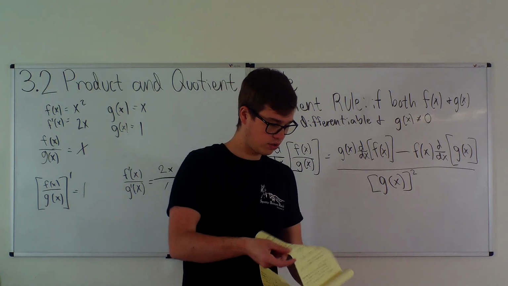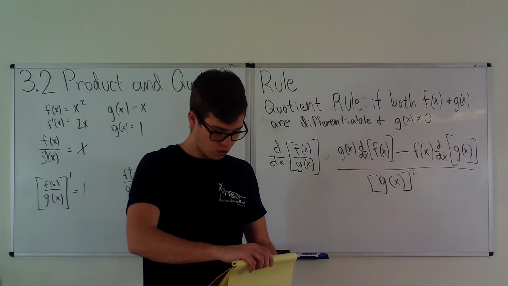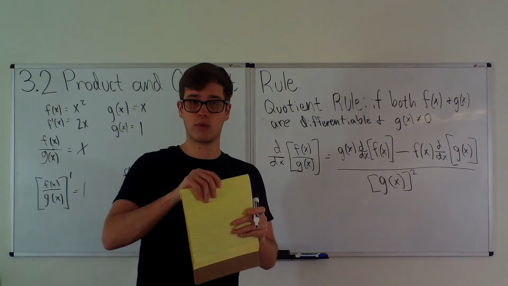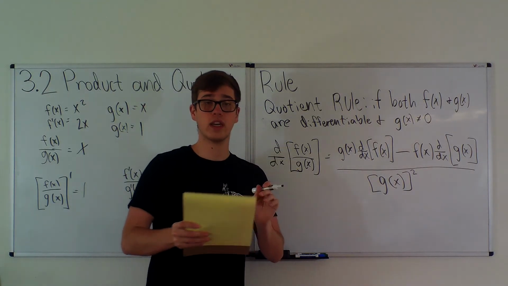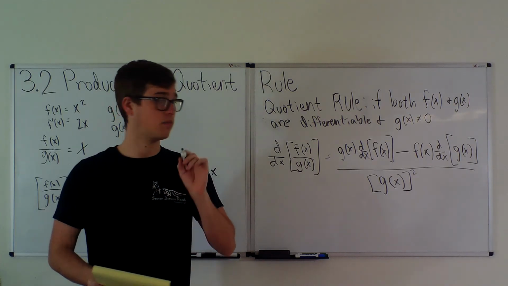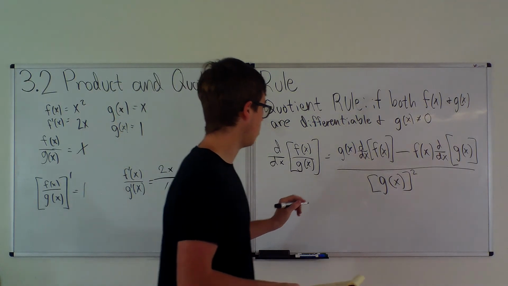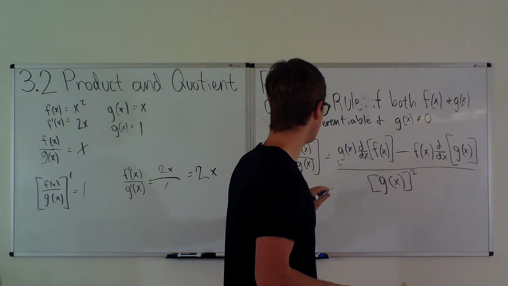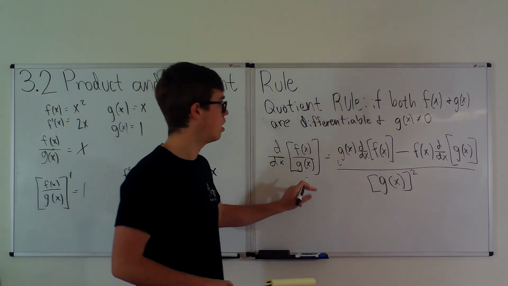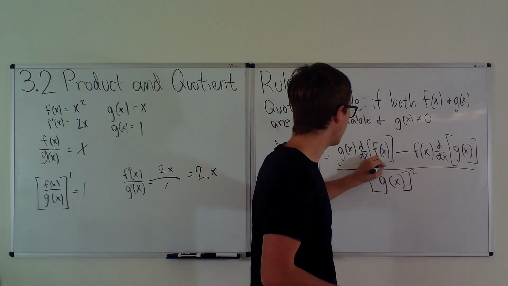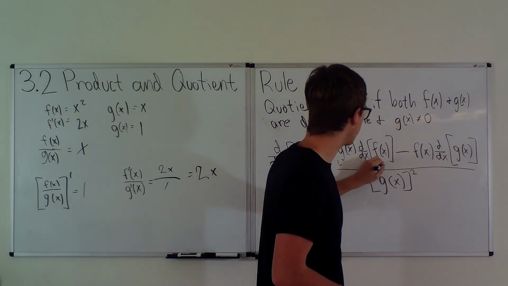So, in high school, we learned another thing from Miss Lobs, and it goes low d high minus high d low divided by the square below. You have your low because g of x is on the bottom, d for derivative, high because f of x is on top.